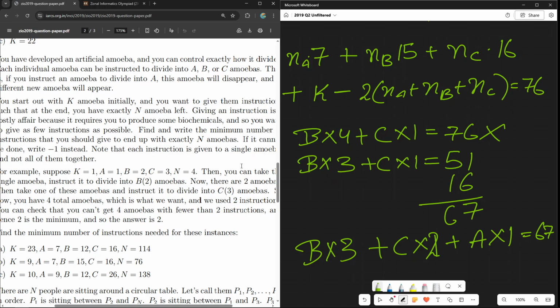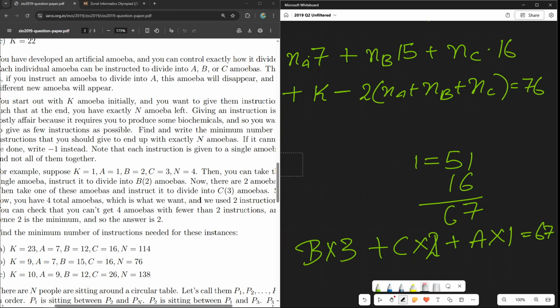You are doing minus 1. Yeah, or we can use our previous approach itself because this is becoming very complicated.